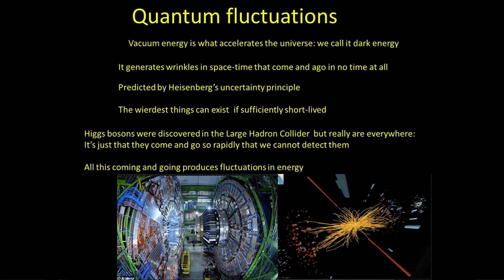You have beams of protons going in opposite directions, they collide together, a debris comes out, and finally you find this elusive particle that everyone was looking for, conjecturing had to be there. They finally found it.